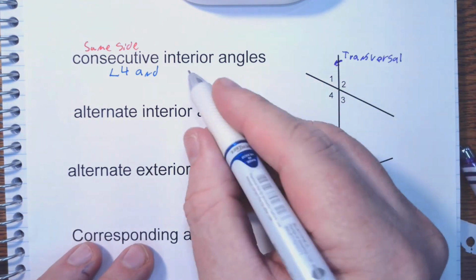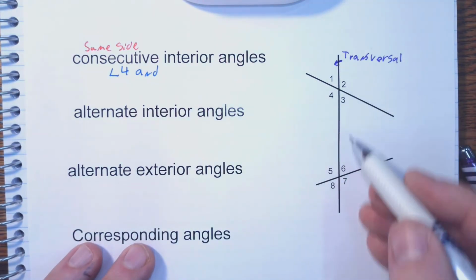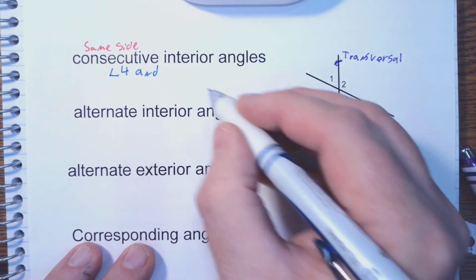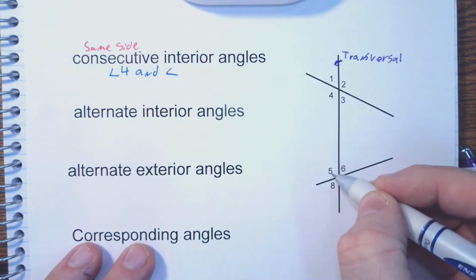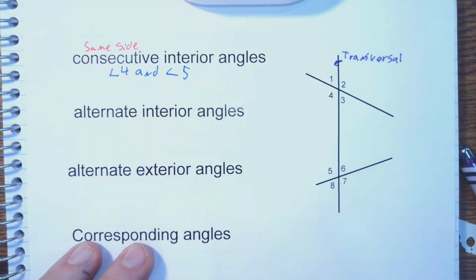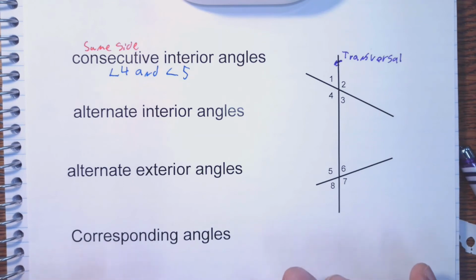So here's an example of a consecutive angle based on my example. Angle 4 and angle 5 are consecutive angles. Okay? 4 and 5 are consecutive angles.